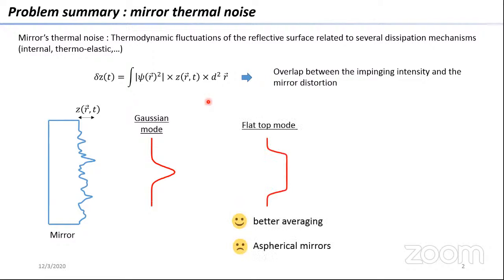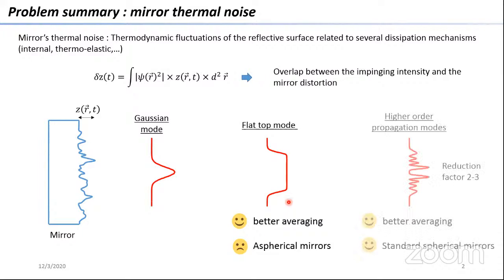One can easily understand that if we use larger modes, the averaging here will be bigger, so this integral will be smaller. If you use, for example, flat top modes, that will be very interesting, except that these kinds of modes require aspherical mirrors.